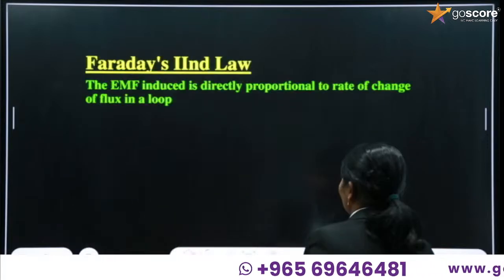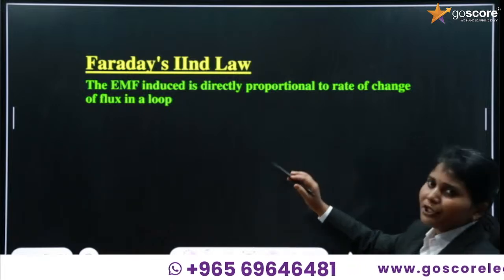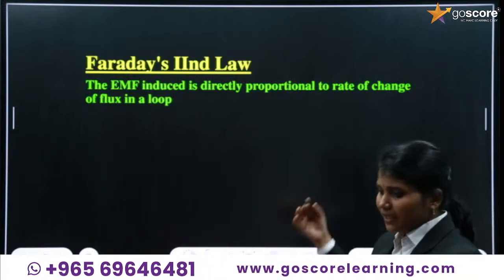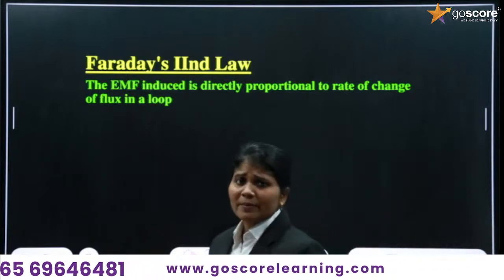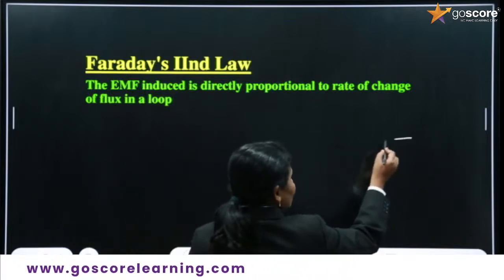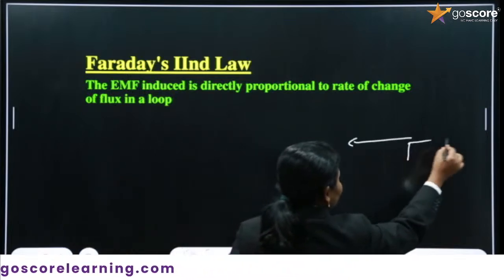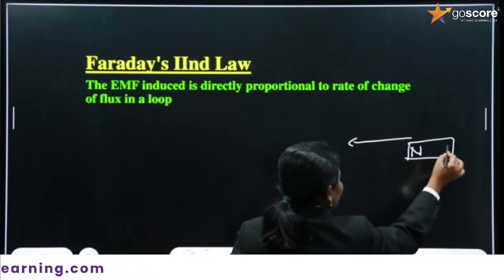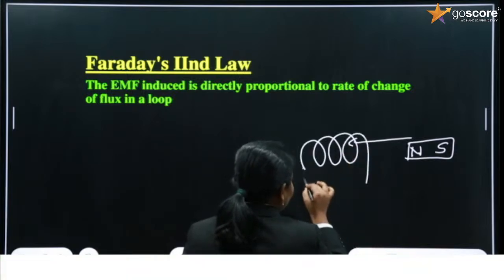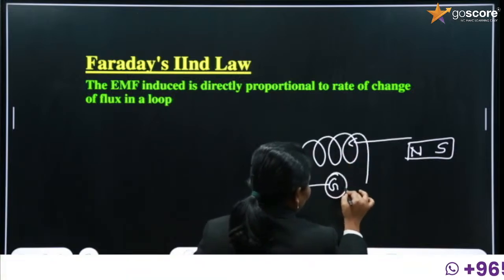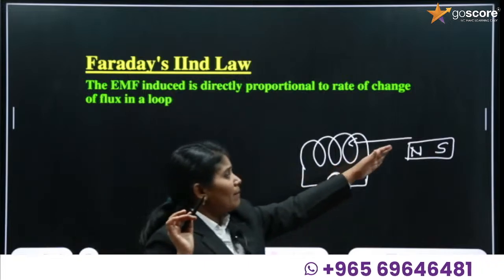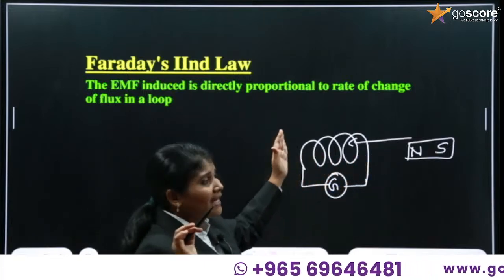What is the second law? The EMF induced is directly proportional to the rate of change of flux in a loop. Already in the second experiment, what is happening, guys? When the magnet is near to the current carrying coil, the magnetic flux cutting the coil is increasing.